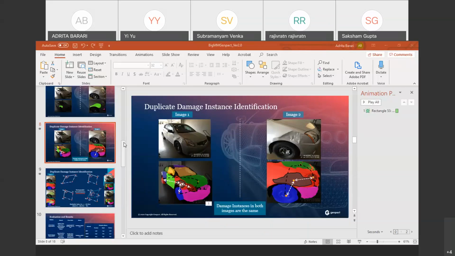The assumption here is that our part detection has to be really good, because that is the basis of the entire solution. For example, if there is a left-right confusion, and my headlight over here is called a left headlight instead of a right, which it actually is, it may lead to a wrong association.